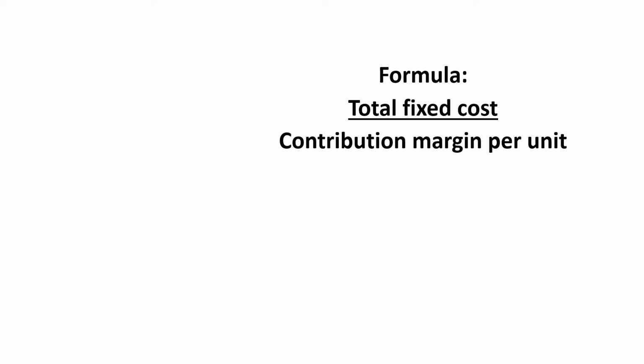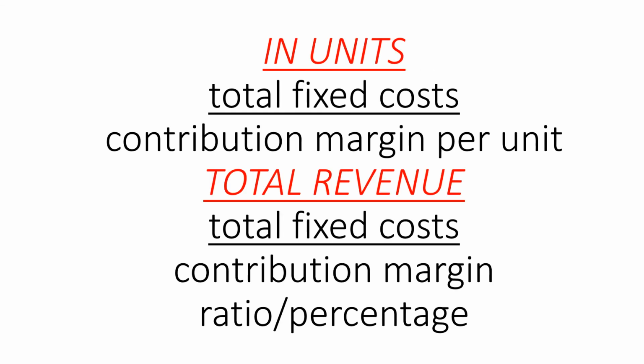Your fixed production plus your fixed administration plus your fixed any other cost that is fixed, we include it in this category of fixed cost before we can calculate the break-even point. Then in units, total fixed cost divided by contribution margin per unit. So in revenue, it is your total fixed cost divided by contribution margin ratio or percentage. Then you will get it.